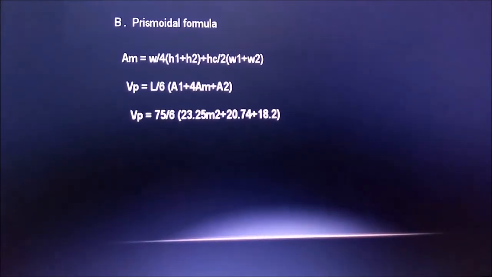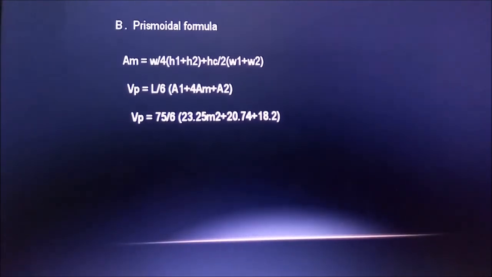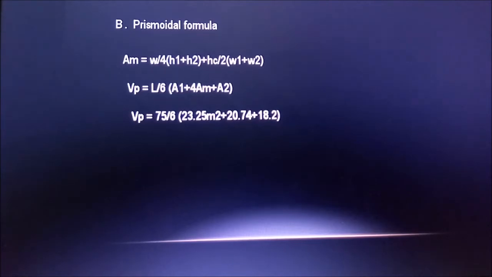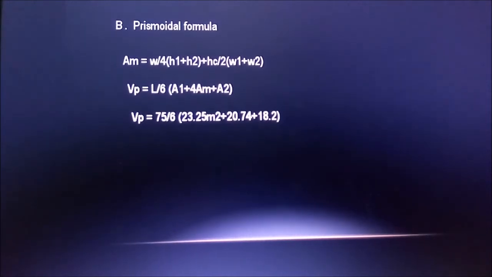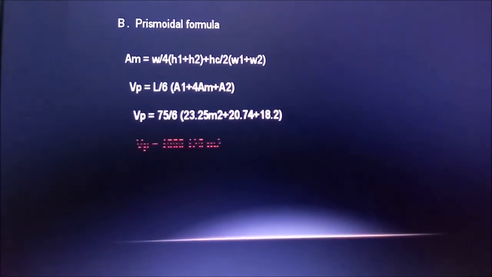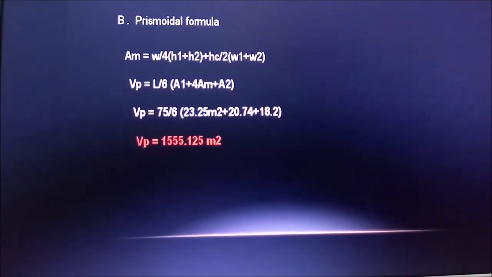VP, or the volume of prismoidal, is equal to 75 over 6 times 23.25 plus 20.74 plus 18.2. The answer is 1555.125 cubic meters.